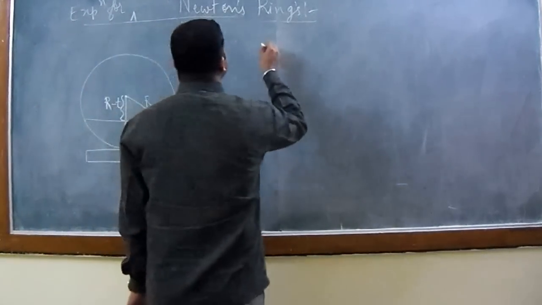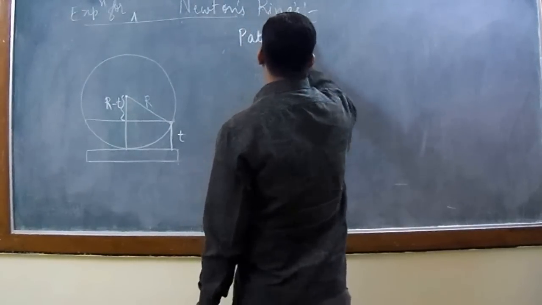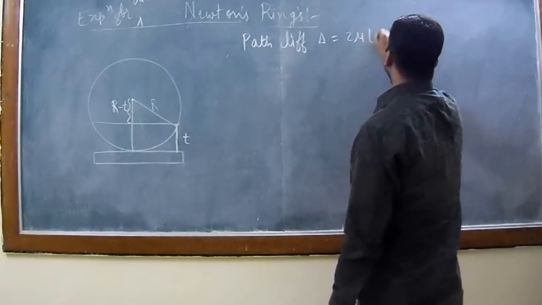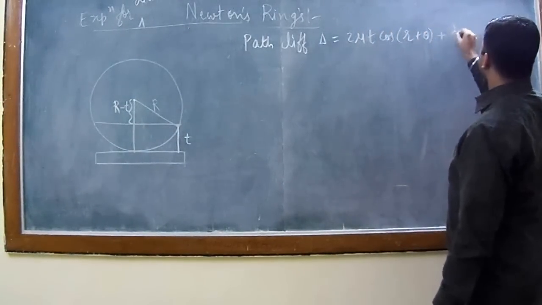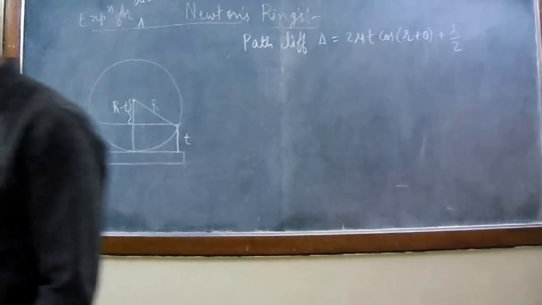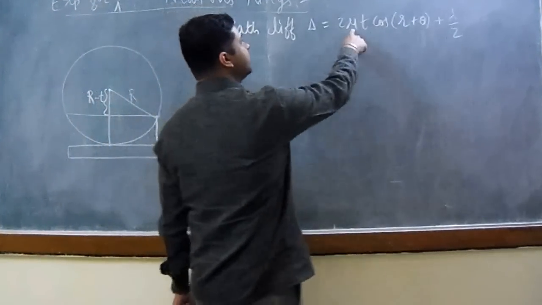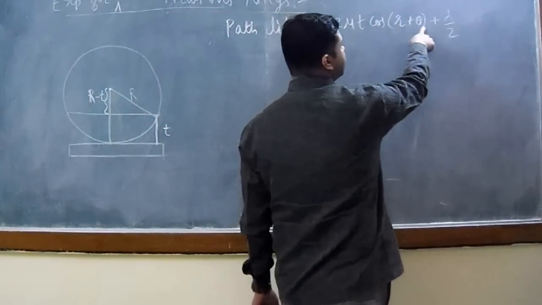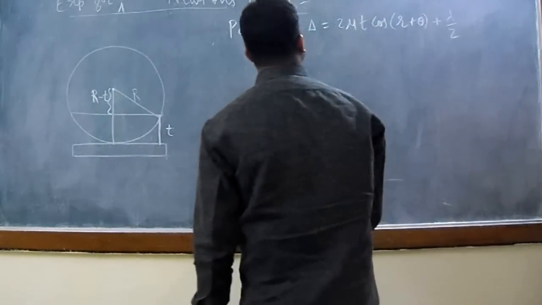Now in case of a wedge-shaped film, we know that the path difference delta is equal to 2 mu t cos(r plus theta) plus lambda by 2. This is the effective path difference in case of a wedge-shaped film, where mu is the refractive index, t is the thickness of the film, r is the angle of refraction, theta is the angle of the wedge, and lambda is the wavelength of light.